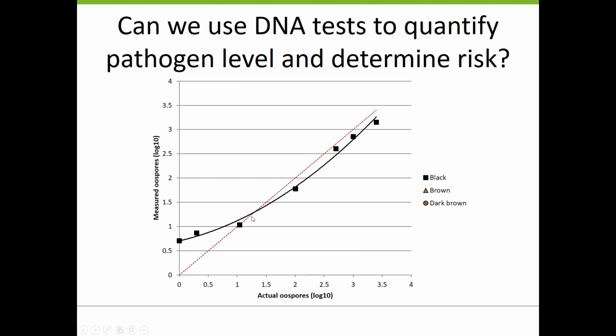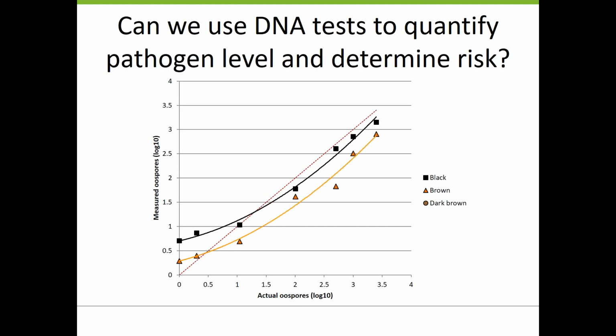And what we find for black looks pretty good. You can see that the line is following pretty close to our expected line here, with maybe some false positives at the lower end here. But in my opinion, it's better to have false positives than false negatives at these lower doses, and we'll get to that later on in the presentation.